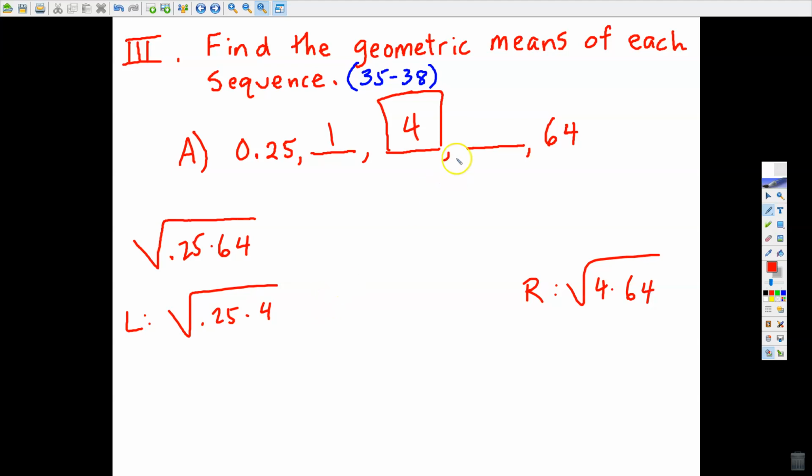And that's 16. And you can check yourself. Looks like the common ratio is going to be 4. And that holds true as I go from one term to the next. And so these are my answers. These are my 3 missing terms. And that's the kind of thing you'll be doing on 35 through 38.